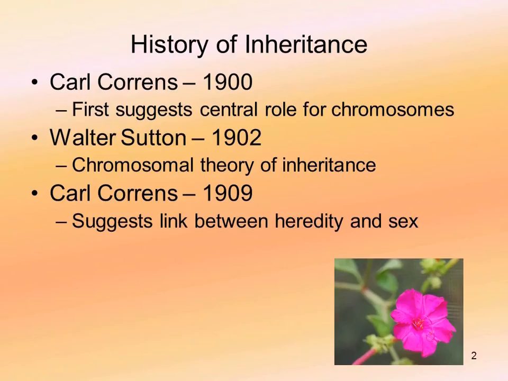Correns returns to the stage in 1909 by publishing a paper about his work with 4 o'clocks, and that's the flower that I have in the corner. He had discovered that although leaf color had a dominant and a recessive gene, dominant being green and recessive being white, they didn't segregate according to the rules of Mendel's genetics, but instead they were dependent on the sex of the plant.